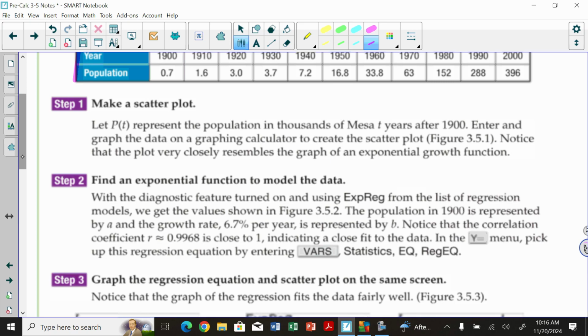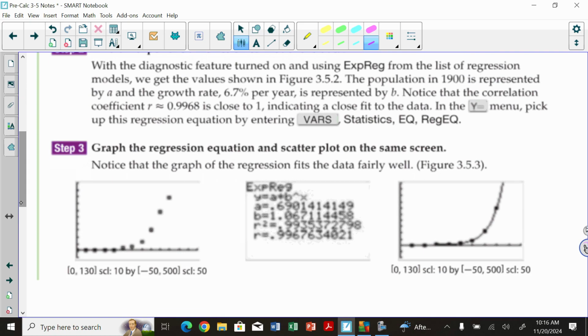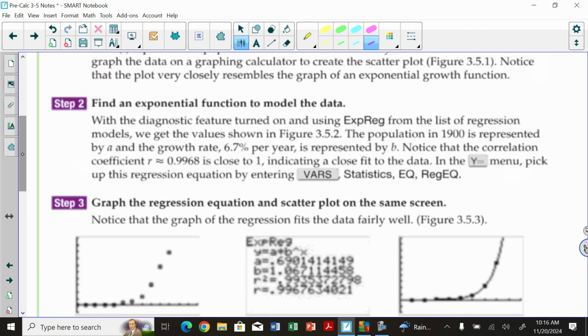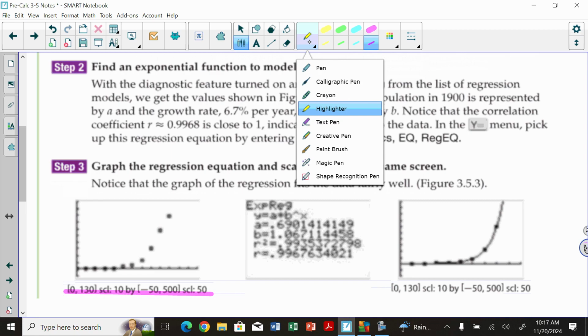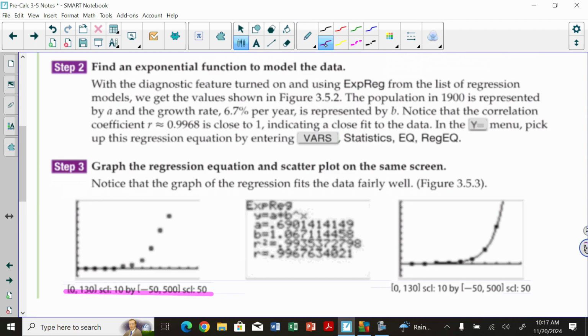It's down here in this little window. You can see the scatter plot of the initial data, and we put the scale and everything down here. If you look at the initial data, this suggests an exponential growth model. You can see the graph goes up like that. It looks like an exponential function.